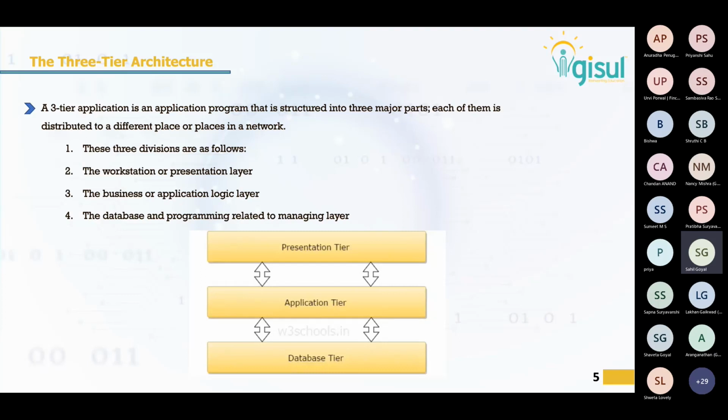Because we don't want the front end technologies to interact directly with the databases. We want a middle layer, an application layer, which interacts with and connects us to our database. So that becomes a typical three-tier database architecture.